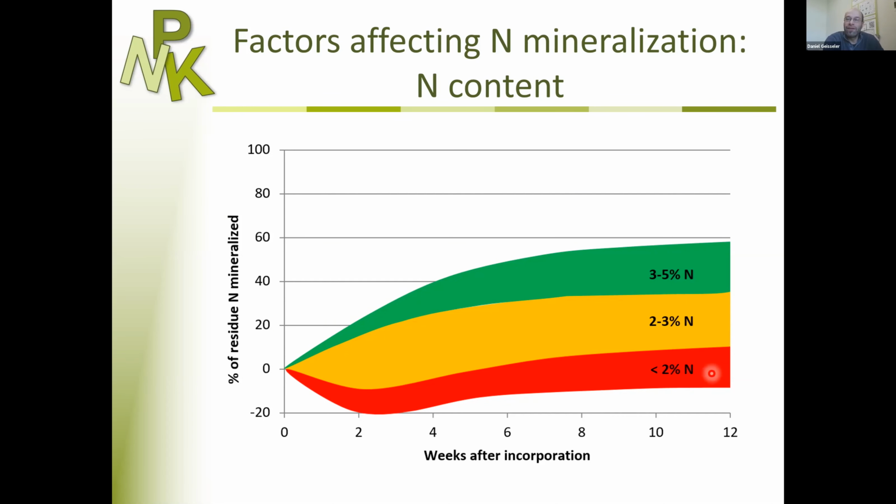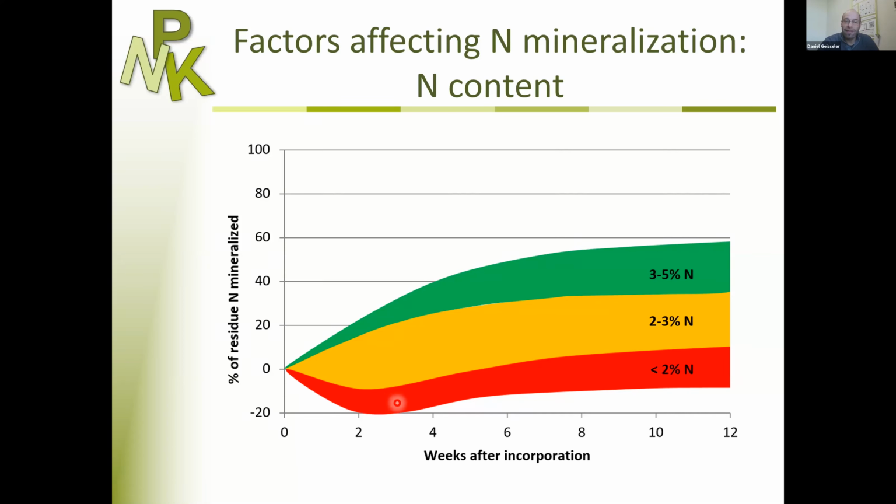When we have a material with a very low nitrogen content, probably less than 2% in the case of residues, that could be some straw from cereals or corn stalks, then we may even see some nitrogen immobilization, which means that the amount of nitrogen that's plant available may initially actually decrease because microorganisms take it up.